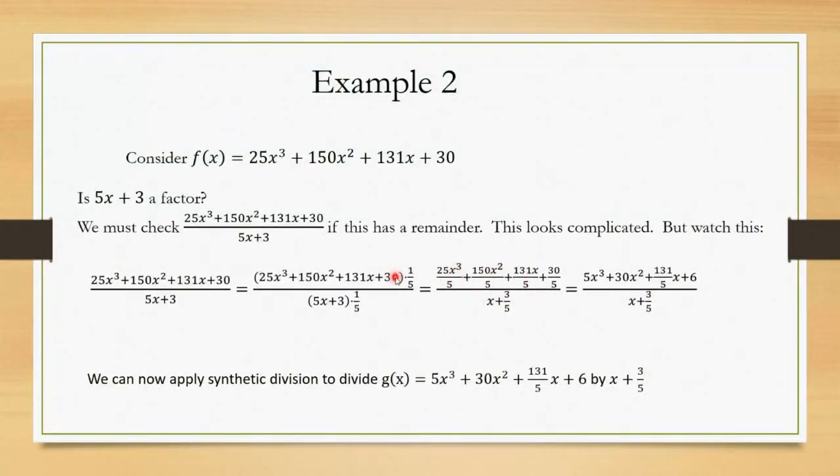You're going to get this quotient, and you could do synthetic division here, because now we have x plus 3/5. But I'm definitely not going to do synthetic division. I think it's just easier to use long division. So I will modify the notes, and I'm thinking next time we'll do this example. We'll do polynomial long division.